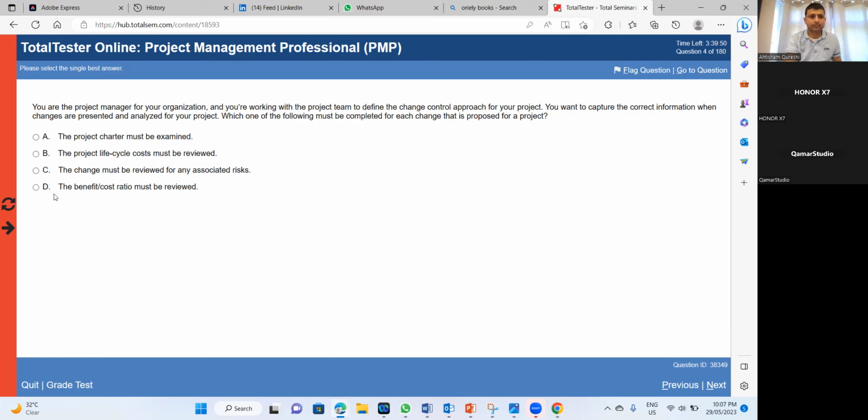You are working with the project team to define the change control approach for the project. You want to capture the correct information when changes are presented and analyzed for your project. Okay, so the change control approach is there. They need the correct information to be presented and analyzed.